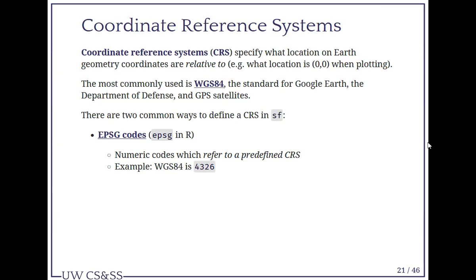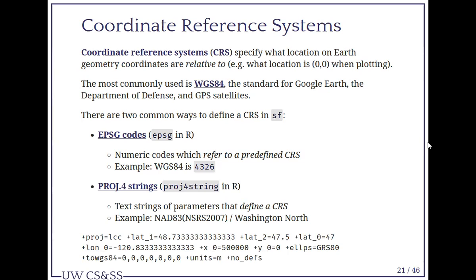This EPSG code makes it so that you can translate to other CRSs from the one you're starting with. So if you want to join 2 simple features, and one's in WGS84 and the other one's in NAD83, you're going to use EPSG codes in order to translate one to the other and have their different origins make sense to each other.